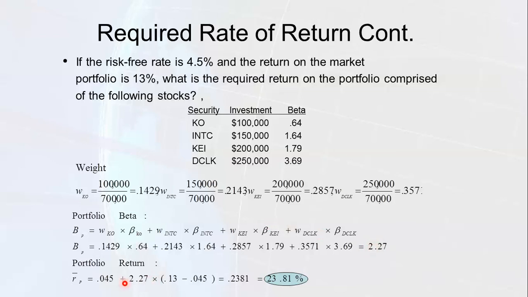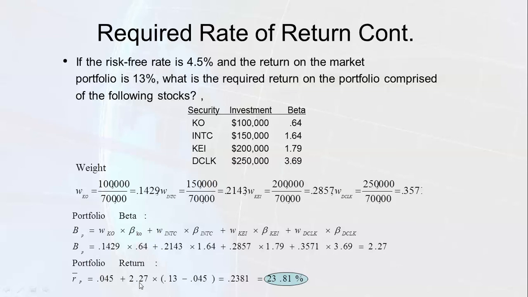Okay? So how to find the rate of return on the portfolio? Basically, you can just use that beta and everything else is the same. Let's use the CAPM equation, which is R_i. In this case, we have R_P, which is portfolio return, equals the risk-free return plus the beta of the portfolio times (R_M minus R_F).